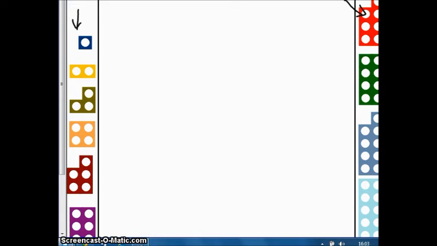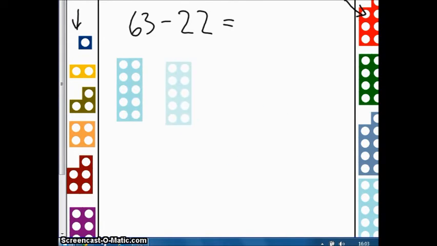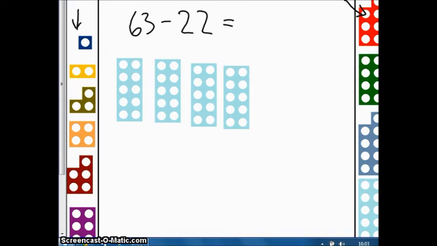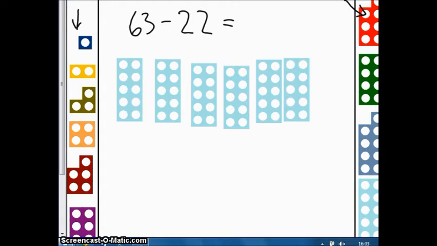So if I say that the question is 63 take away 22, I'll build it up with the pictures that I have. So I have 10, 20, 30, 40, 50, 63, there's my 3 here.